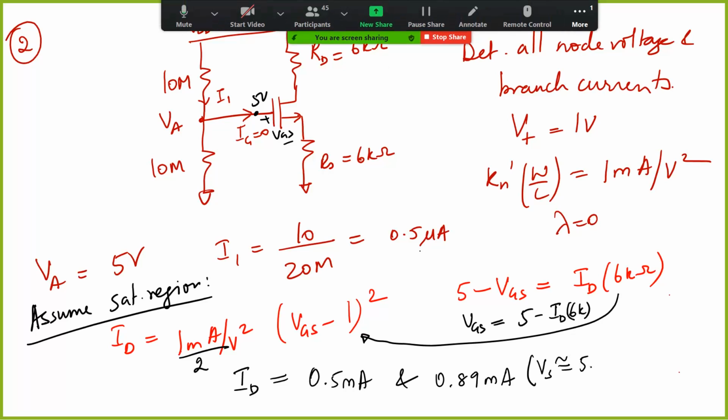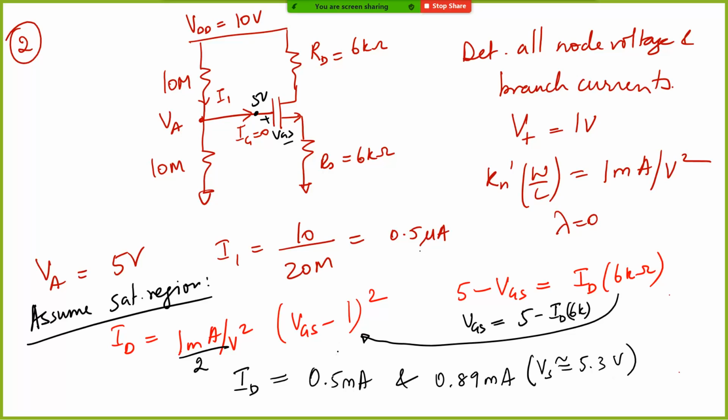Around 5.3 volt or something like that, right? Whereas if you take Vs here, it is 3 volt, correct?